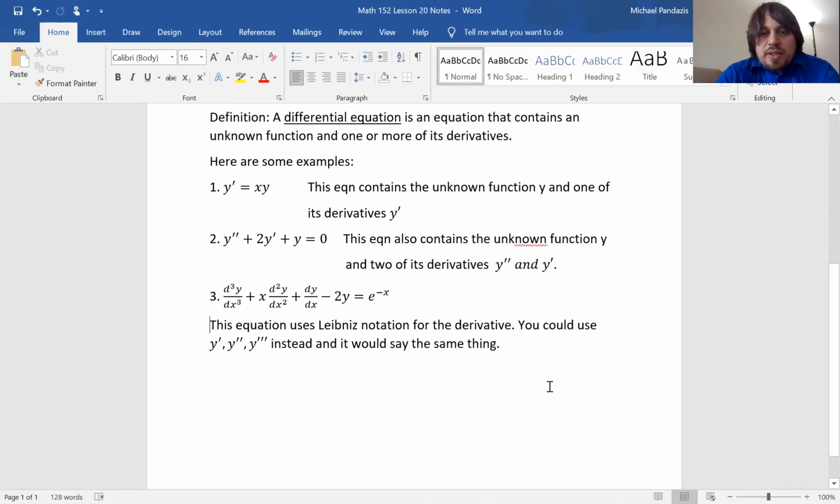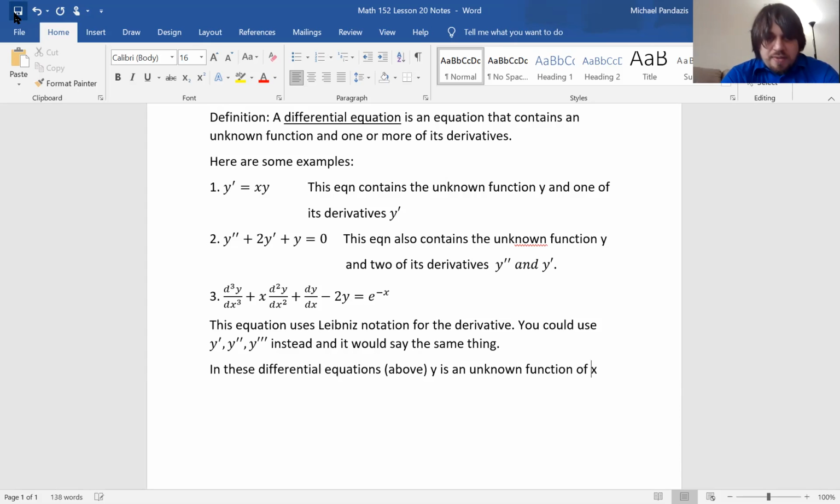They're just two different notations describing the same equation. So in these differential equations above, y is an unknown function of x.